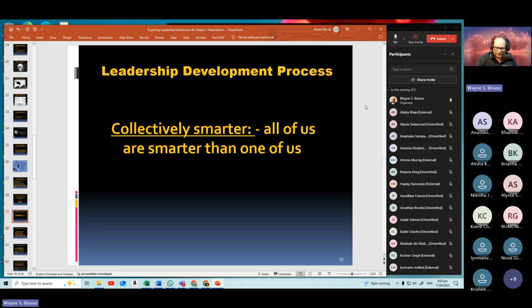One person, yourself, is only going to bring your own perspective, your own training, and your own experiences. When you include more people, we collectively work together. That's why it's so important for us to work in groups, because the groups are more powerful than the individual. All right? So that's what we mean when we say collectively smarter.